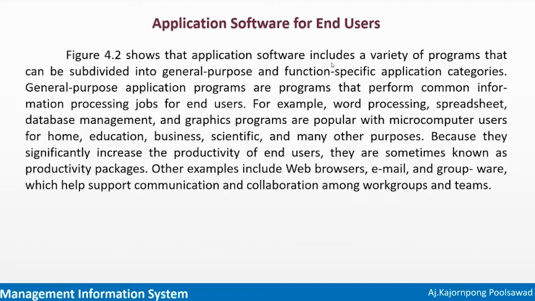It includes a variety of programs that can be subdivided into general purpose and function-specific application categories. The general purpose application programs are programs that perform common information processing jobs for the end user, like us.